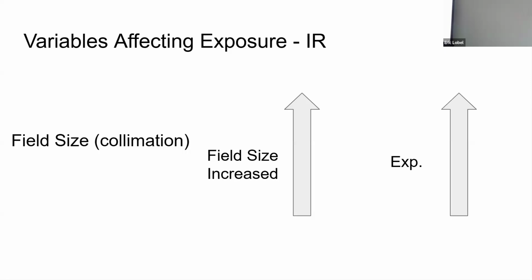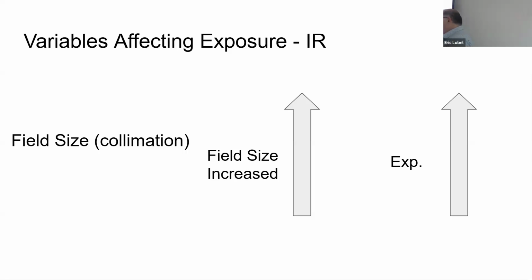So more might go through you, but you also created more to begin with. And with 15% more kV, you actually double the intensity before it even gets out of the tube. So your dose is going to go up more than it's going to go down because a few make it out that wouldn't have.